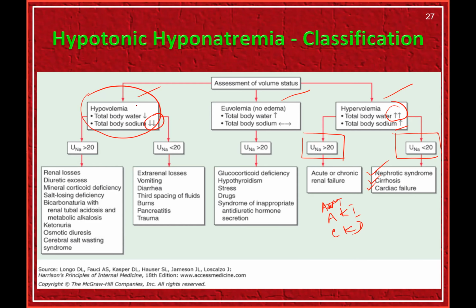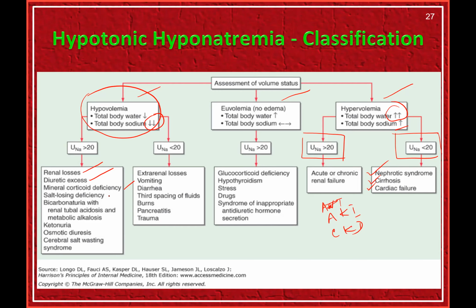Now again, urine sodium will be a guide for you. Suppose urine sodium is more, that means sodium wasting is there in the kidney, renal loss, or you are using diuretics, or there is a mineralocorticoid deficiency. Mineralocorticoids retain sodium. In the absence of mineralocorticoids, the body is not able to retain sodium, so urine sodium is more.